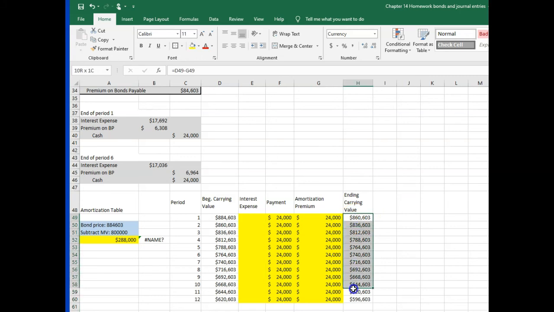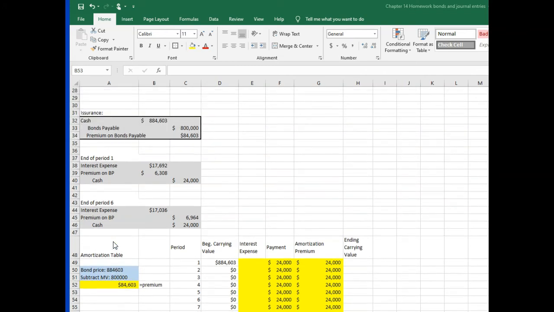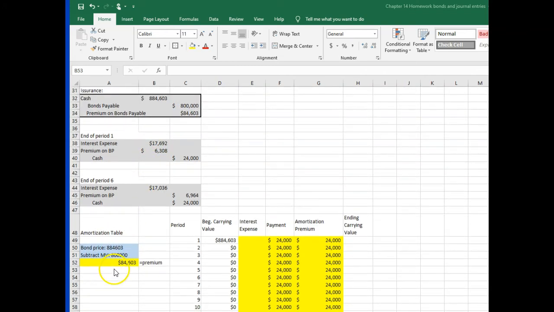In order to do straight line, what you need to do is find your premium or discount and divide it by the number of periods. So to start with, we have bond issue price of 884,603. We subtract out the principal amount, the 800,000. The amount of the premium is 84,603, and notice that is actually what we had in our first journal entry. And so we've got it here.